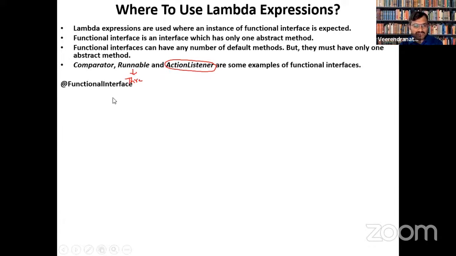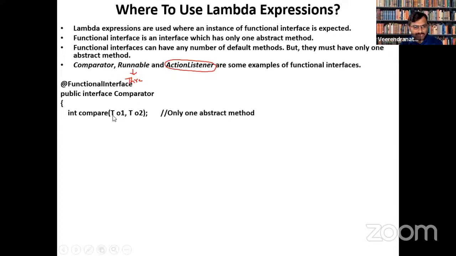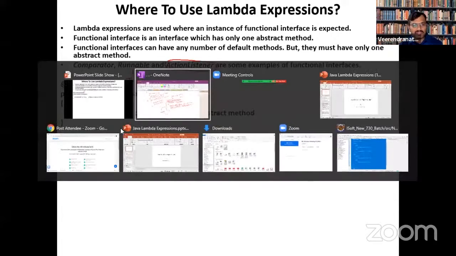So how do we convey that? We convey that with the help of an annotation called @FunctionalInterface. Take the Comparator interface. We have only one abstract method, int compare, where T is the data type. Now you might ask a question: we haven't given abstract or anything here, so how has it become abstract?